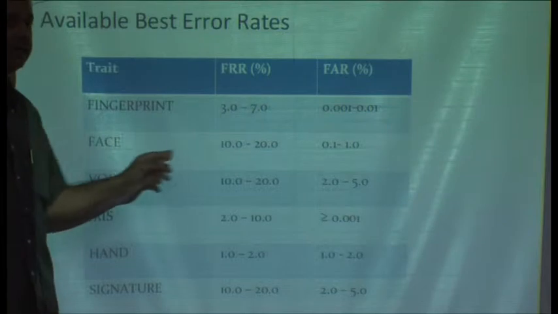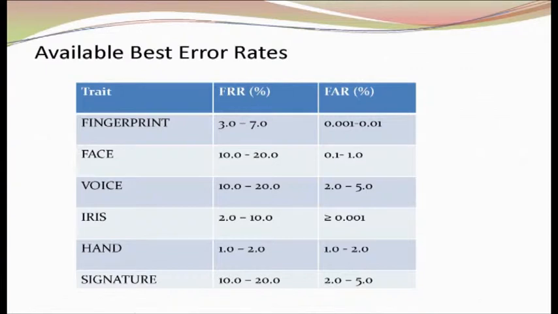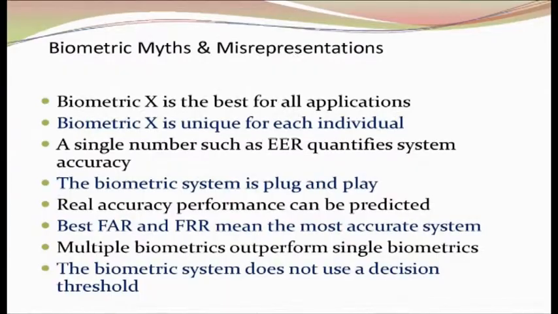Face shows a very large value, 10 to 20%, with FAR 0.1 to 1.0%. Voice is 10 to 20%, with FAR 2% to 5%. Iris is 2 to 10%, with more than 0.001% FAR, and hand is 1 to 2%. Signature also has a very high false acceptance rate compared to others. These are standard figures, because we are also facing similar problems.